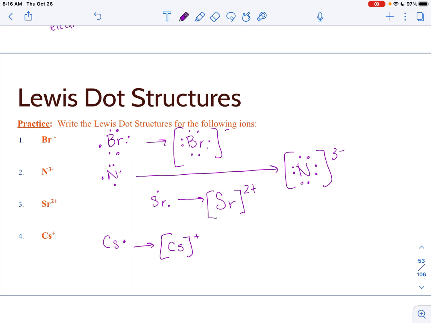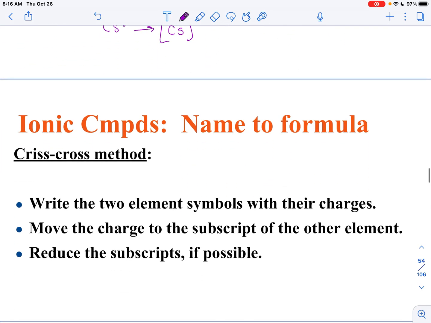Metals end up with no dots because they gave away their outer shell electrons, so we just erased that outer shell and their next one became the full shell. And hydrogen, of course, is the exception to that.